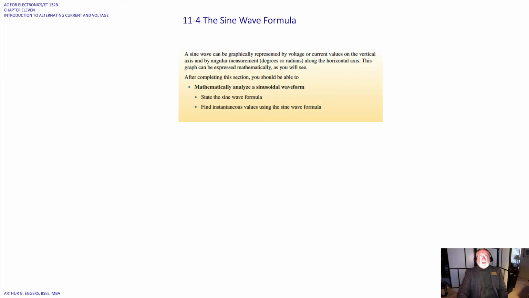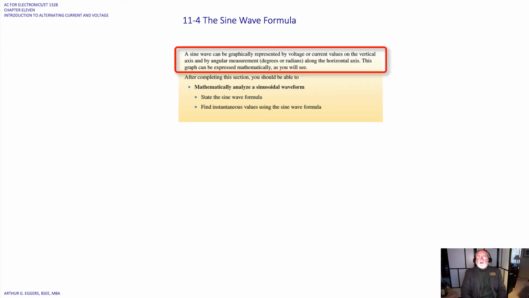So now we need to look at how we develop the mathematical relationships to allow us to work with these phases and these AC signals. A sine wave can be graphically represented by voltage or current values on the vertical axis and by angular measurements, degrees or radians, along the horizontal axis.